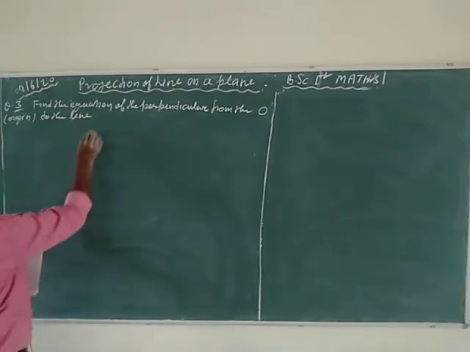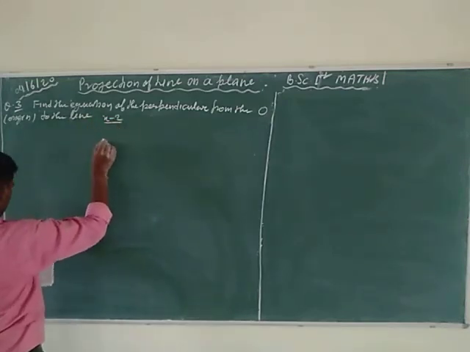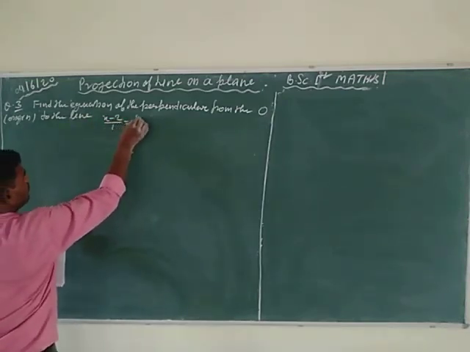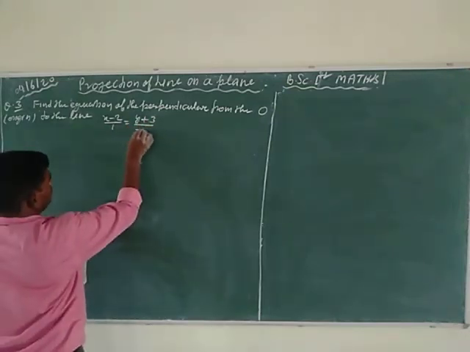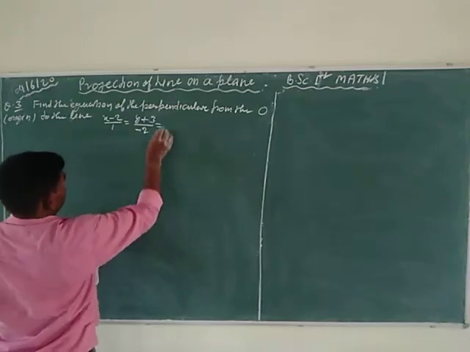The line equation is (x minus 2) by 1, (y plus 3) by minus 2, and z by 1.